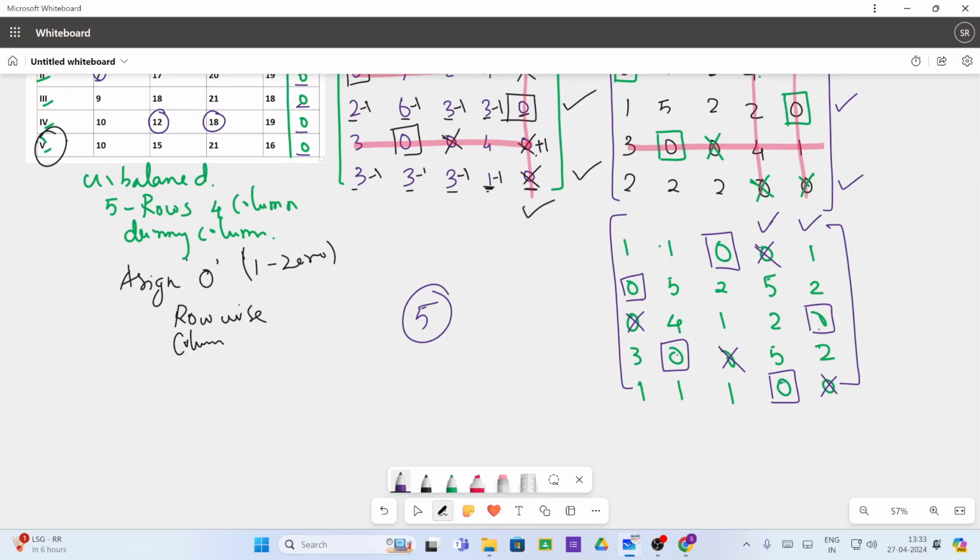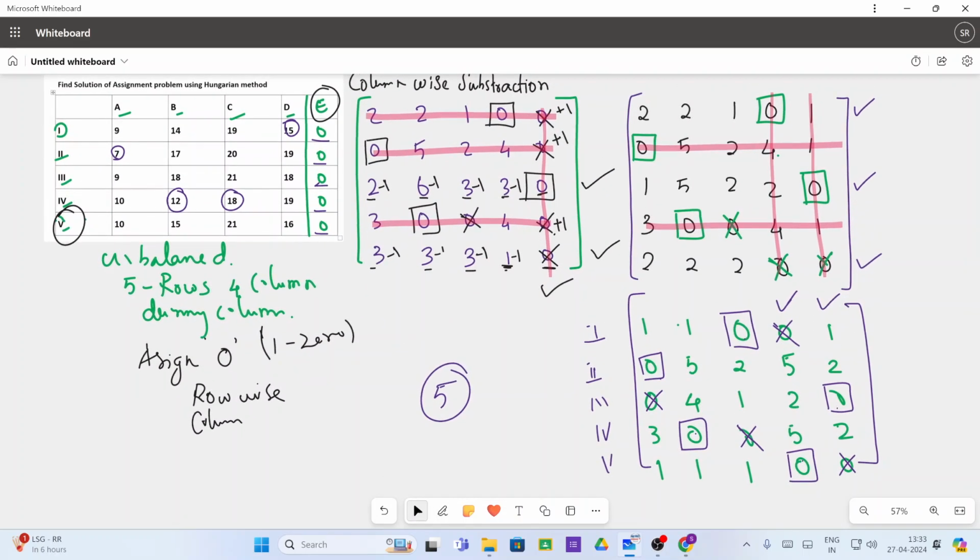Now we need to find out who is assigned to which place. So this is 1, 2, 3, 4, and 5, and we have places which are A, B, C, D, and E. So the first person is assigned to place C. And what is the cost?